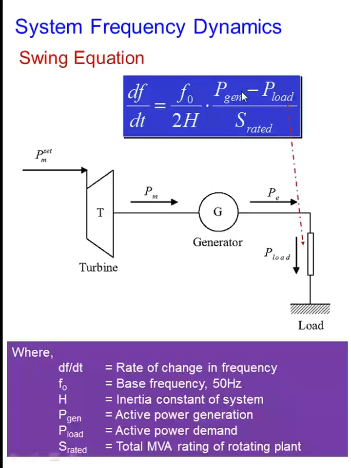And it also depends on the inertia of the system. So the rate of change of frequency will be determined by the inertia and the amount of load or power disturbance, right?